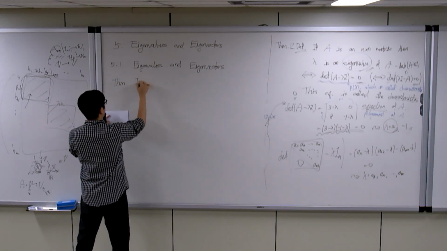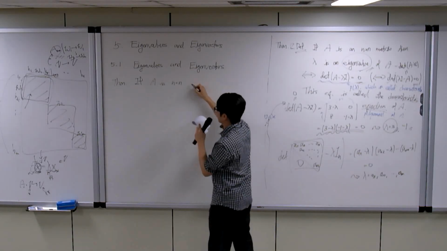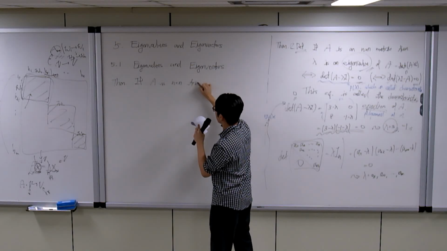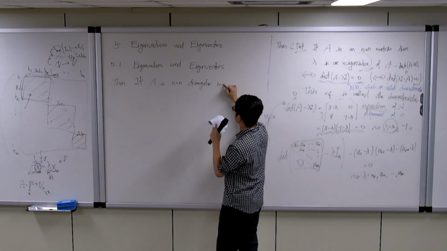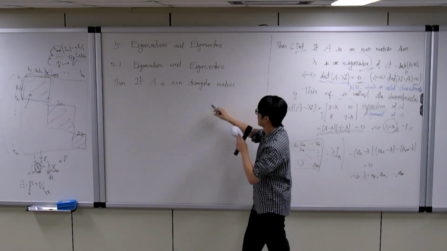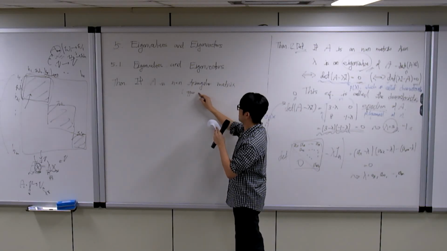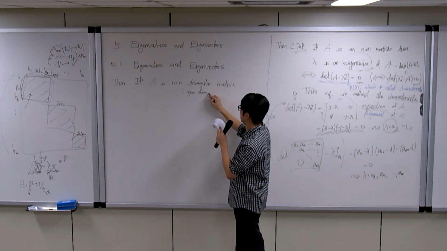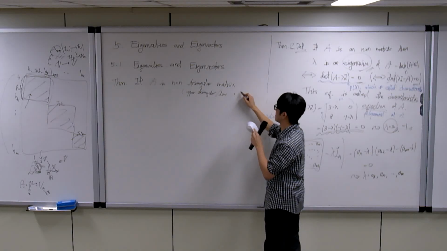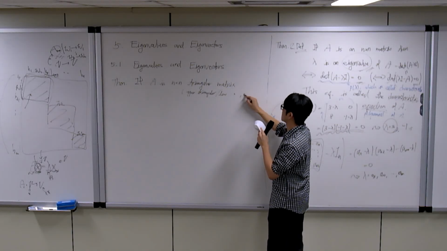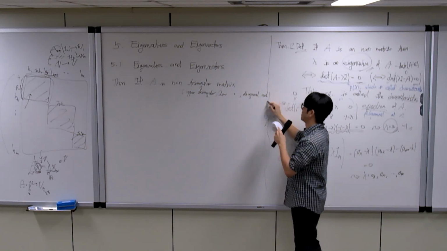If A is an n times n triangular matrix, such as upper triangular or lower triangular, and a diagonal matrix is also a triangular matrix.